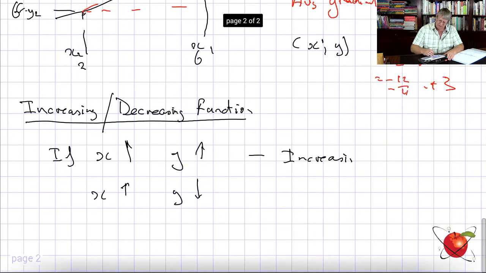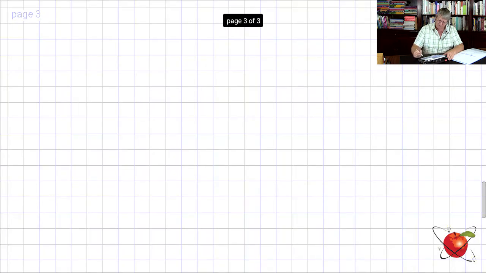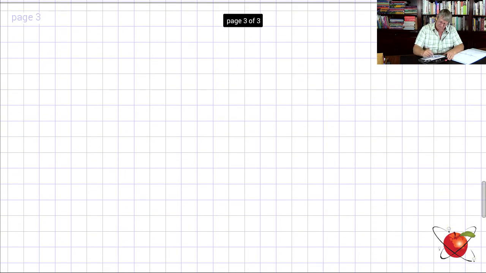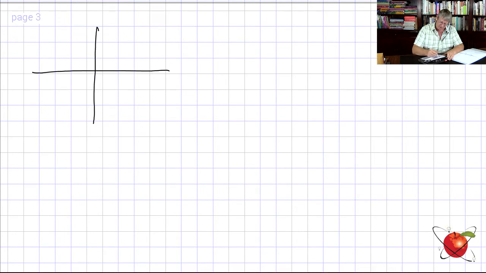Let's just have a look and see what we are talking about with those two. Let's once again take a simple graph. Can you see that graph there? Let's have a look at what's happening here. X is getting bigger, and what's happening to y? The y value is getting bigger.